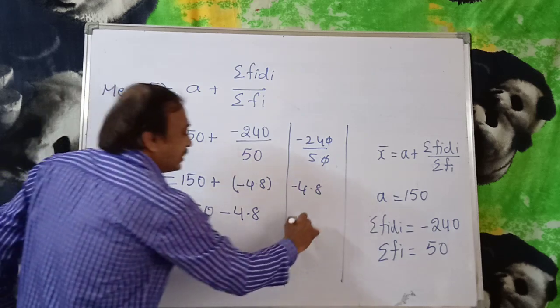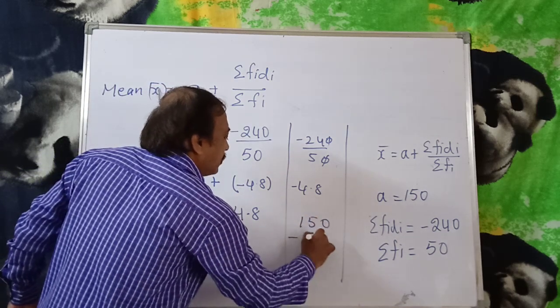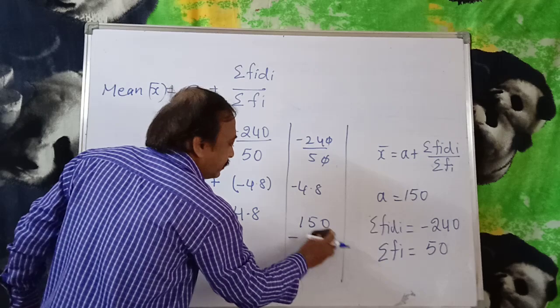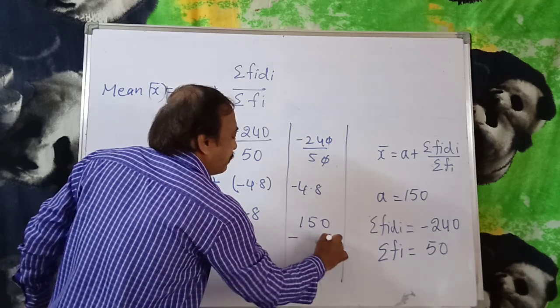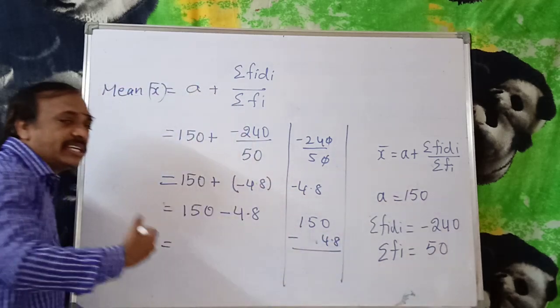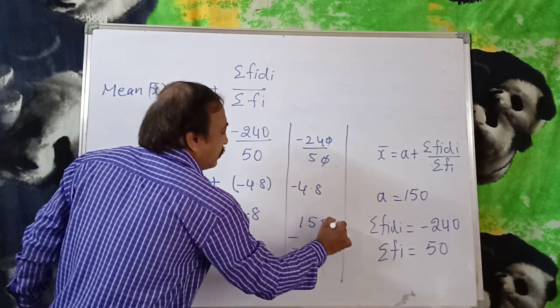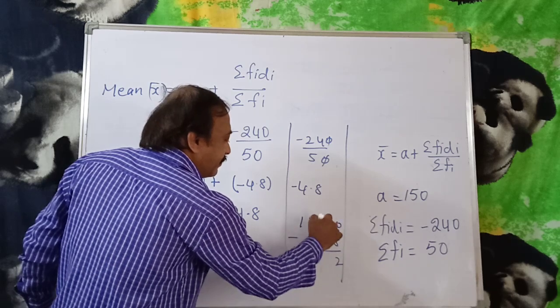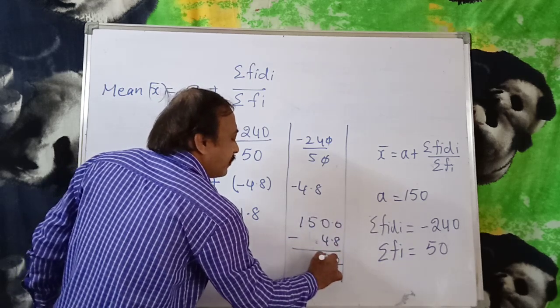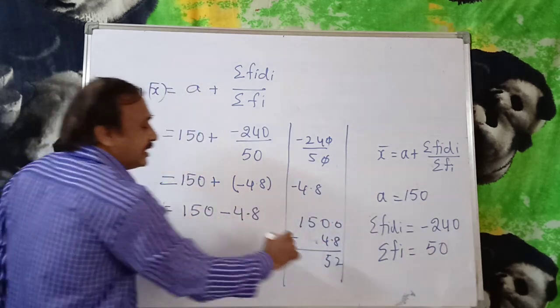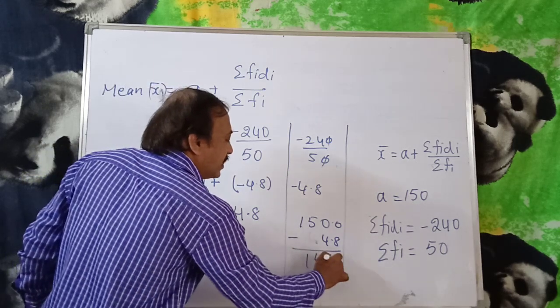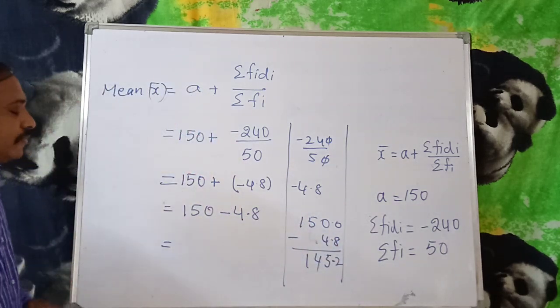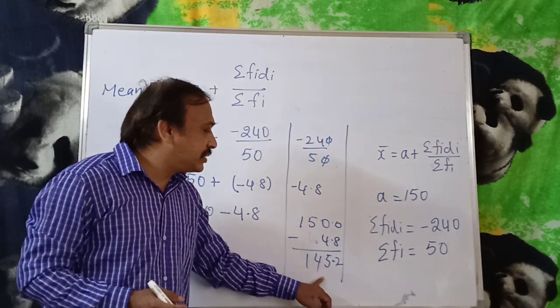Now 150 minus, plus into minus is minus, 4.8. If you subtract 150 minus 4.8, you have to write it in the units place exactly according to the place value. Put the decimal point over here, 0, borrowing, 10 minus 8 is 2. Then if you borrow from here, 9 minus 4 is 5, and this will be 4. So the result is 145.2.